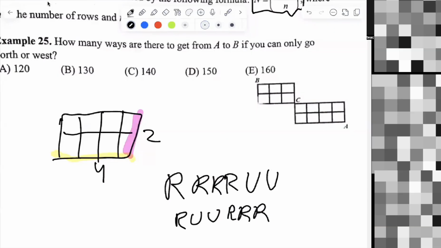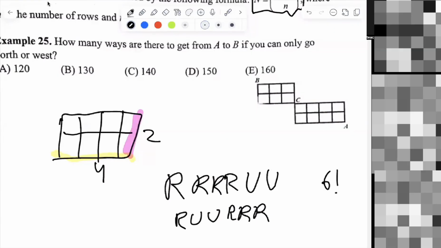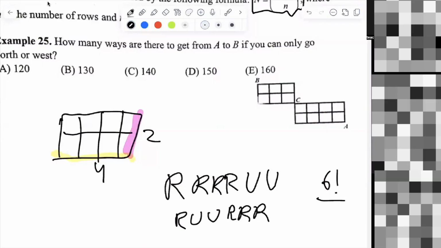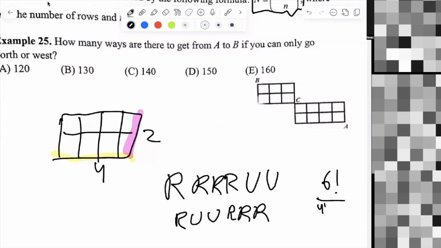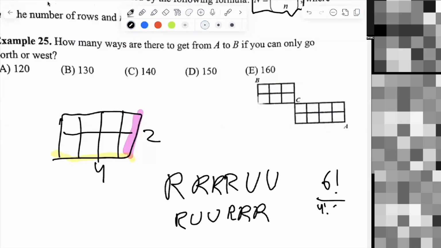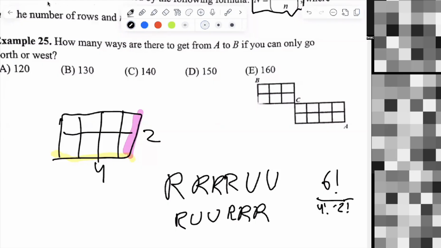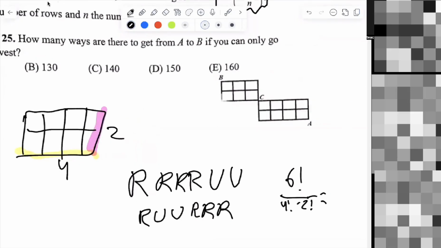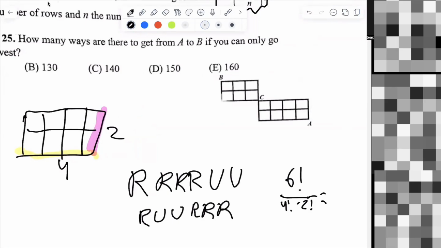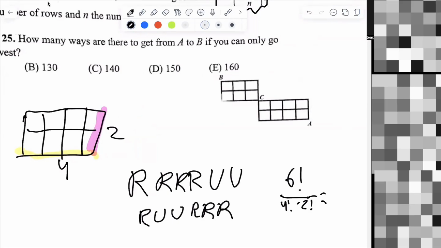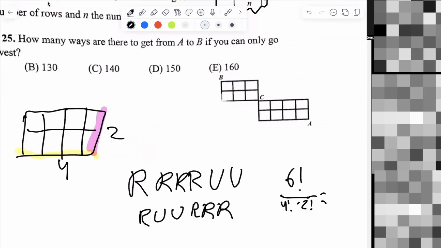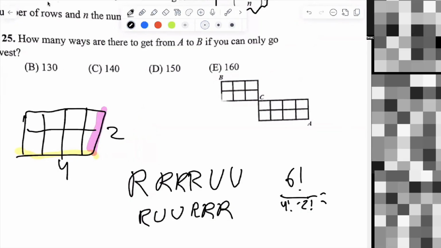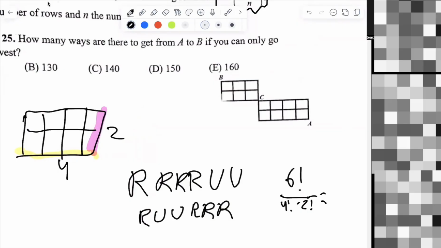The total number of letters is 6 factorial. The first one has 4 factorial, and the second one has 2 factorial. Now, multiplying this all out, 24 times 2 is 48 in the bottom. You get 720. So basically from there, you get 15.